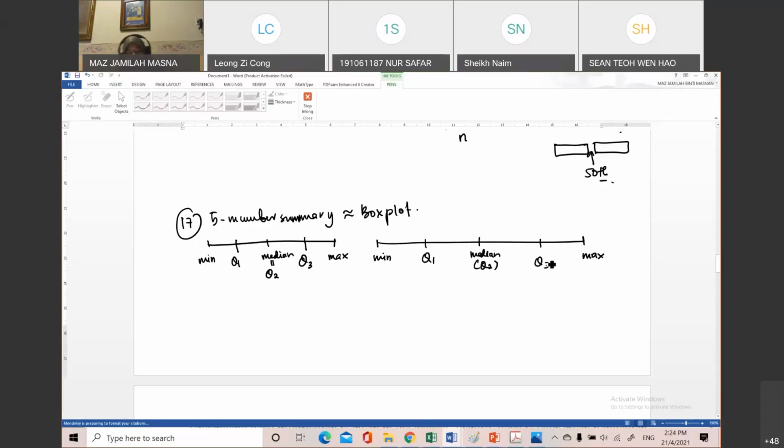Now, what box plot tells you is the range of your data included in every specific region. For example, the first region between the minimum and the Q1, 25% of your data set will fall within this range. And another 25% of your data will fall between this range, from here to here. The same goes to here, 25% and 25% here.